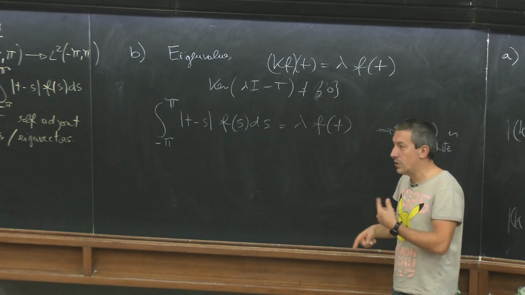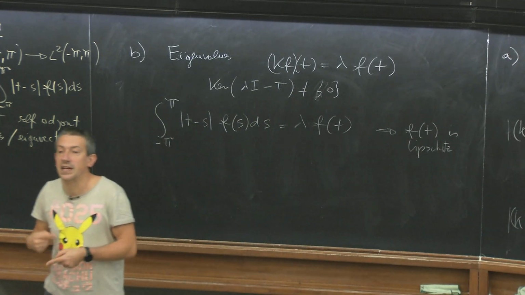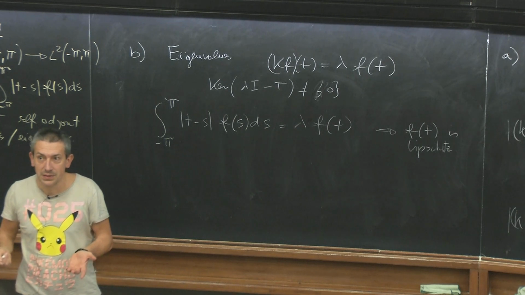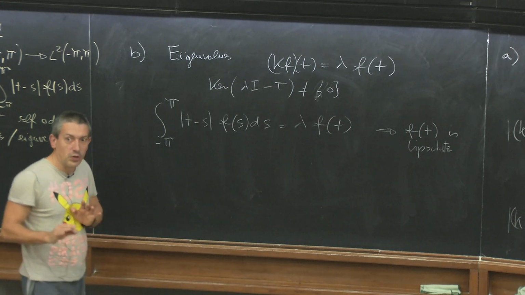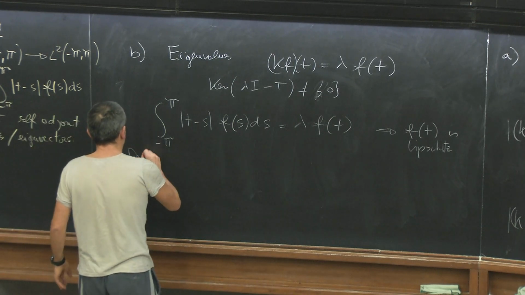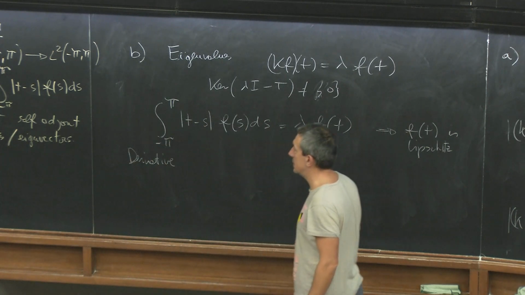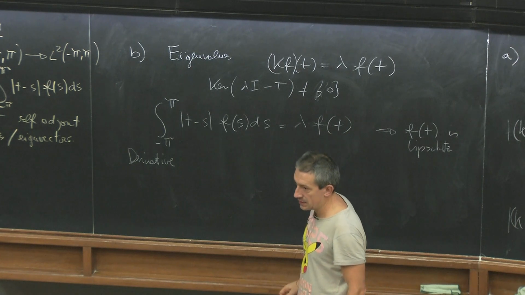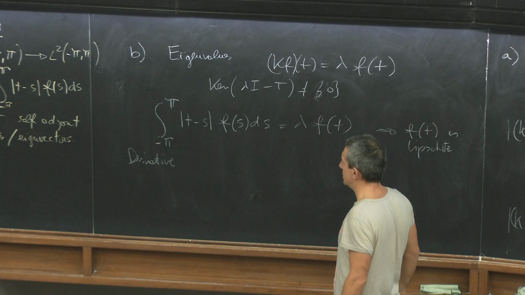So now I think you have seen in real analysis that Lipschitz functions are differentiable almost everywhere. Okay? So now we compute the derivative. Professor, it's differentiable, not almost everywhere, because f is continuous, and under the integral we have a continuous function.